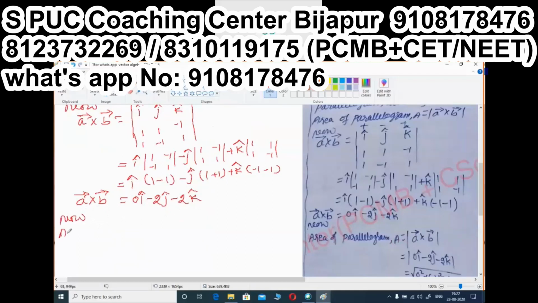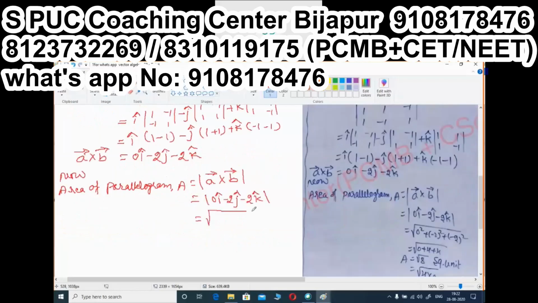Now, area of the parallelogram A is equal to the modulus of A cross B. That is A cross B you obtained here as 0 i cap minus 2 j cap minus 2 k cap. Who would like to tell about this modulus, please?